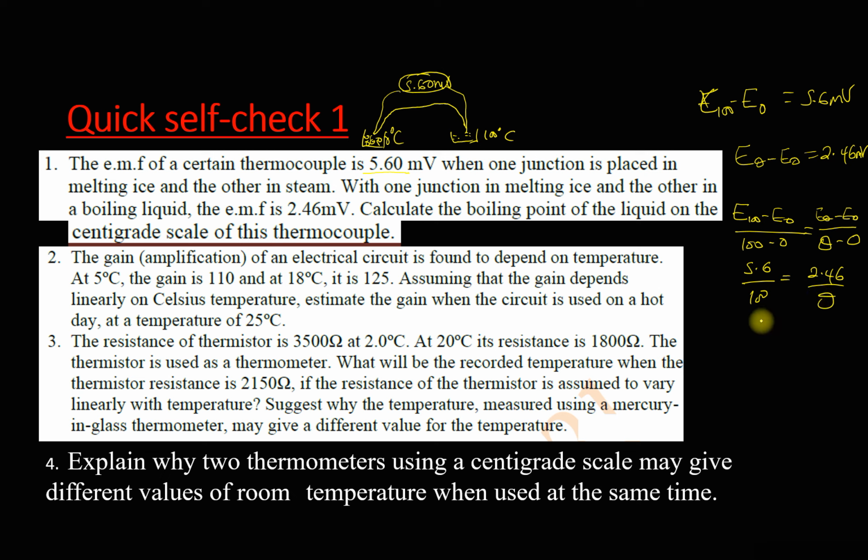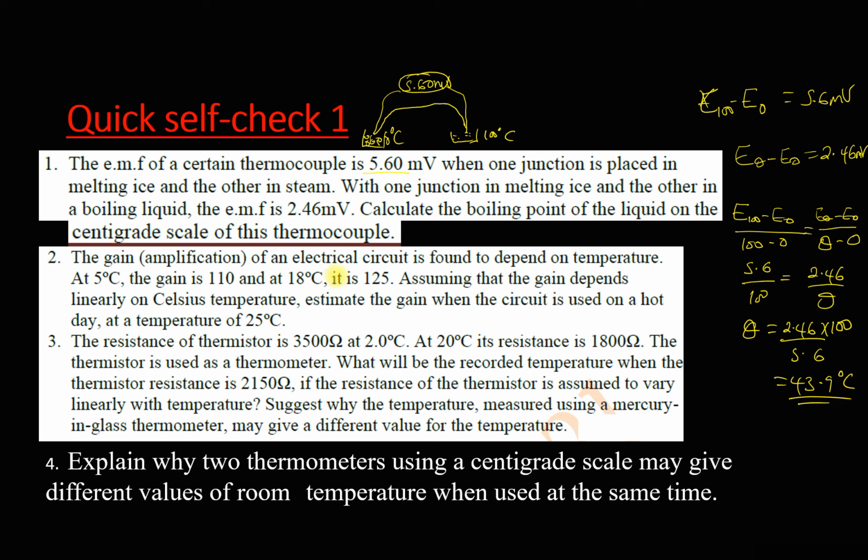Just make theta the subject and theta will be equal to 2.46 times 100 divided by 5.6, that is 2.46 divided by 5.6 times 100. So this gives us theta as being equal to 43.9 degrees Celsius. So I have already solved that.